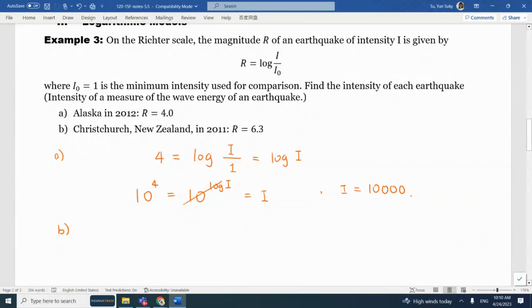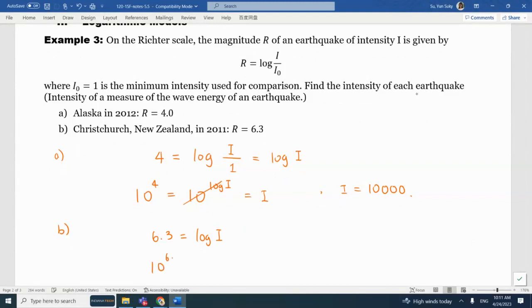Well, your R is 6.3, right? And then your right-hand side. Do you see the right-hand side is the same as this? Yeah. It's log I over 1, I over 1 is I, right? So it's log I. How do we get rid of the log?